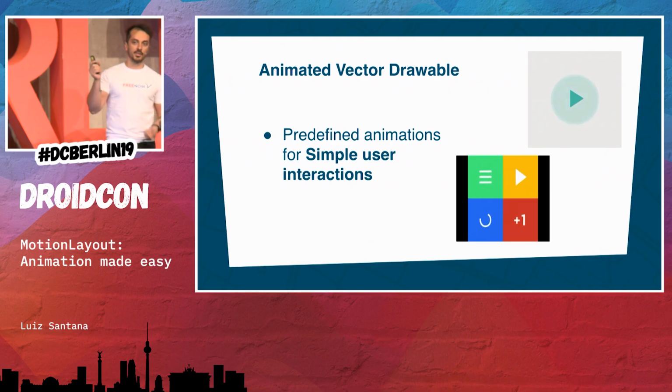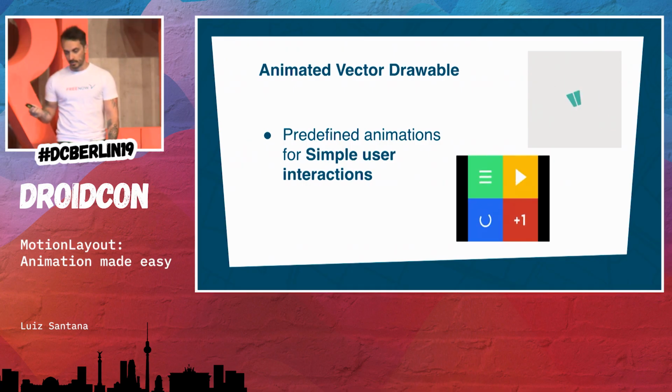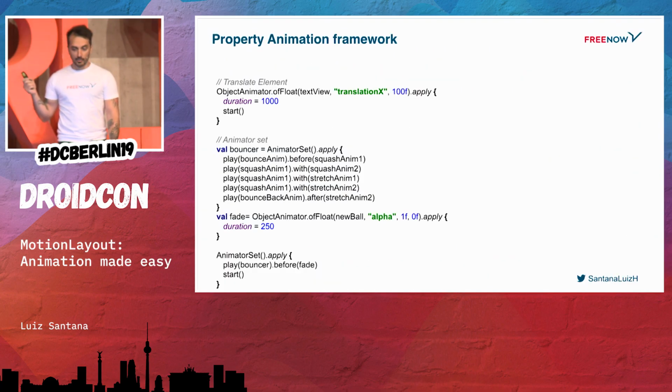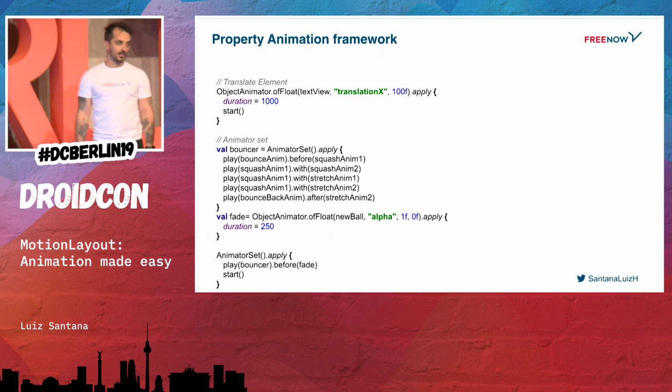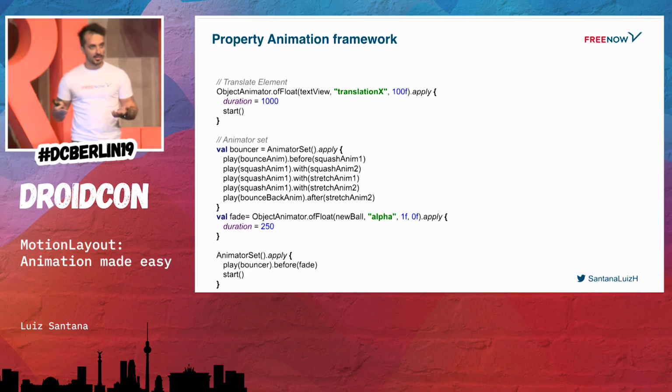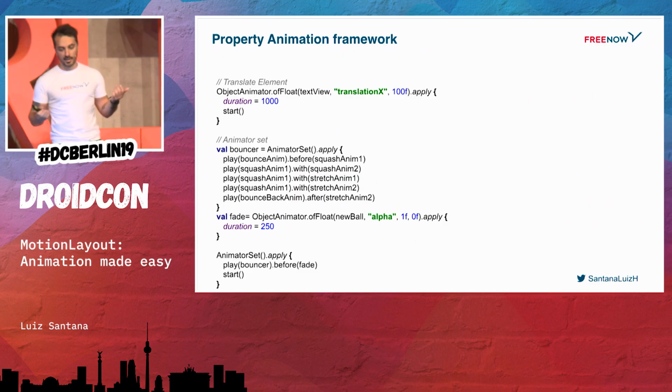It's just like this tiny image where you can change the state and notify the user when the user creates an action. We also have the property animation framework. No, you don't have to read the code. It is just to show how hard it is to read, to maintain, to deal with.